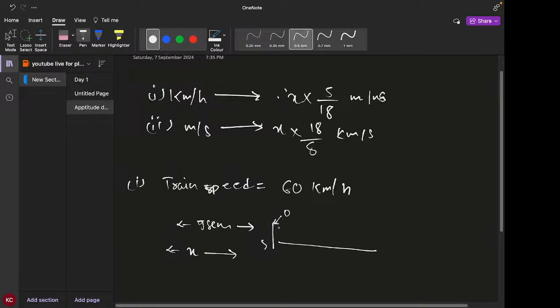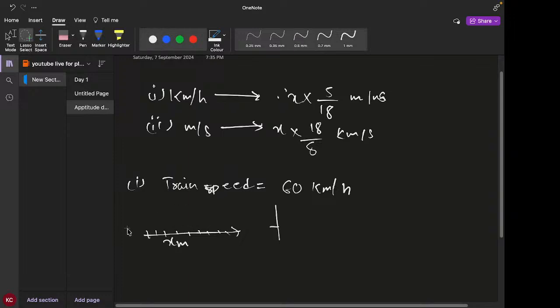Let me try to make it clearer. Suppose there is a pole and a train of x meters. This is the train, 1 2 3 4 5 6 7, crossing this pole. It started to cross. Why is it not working properly?